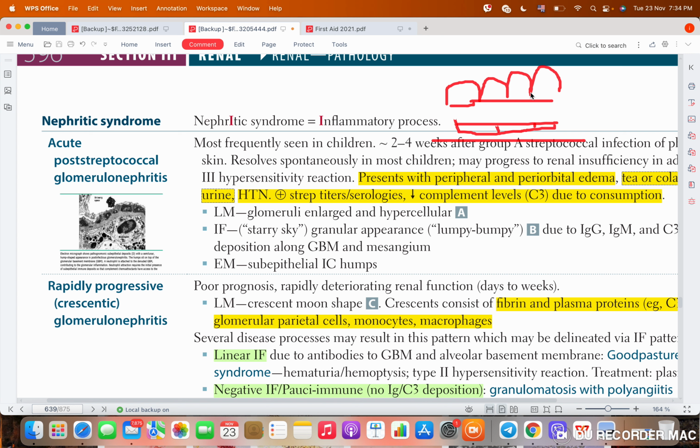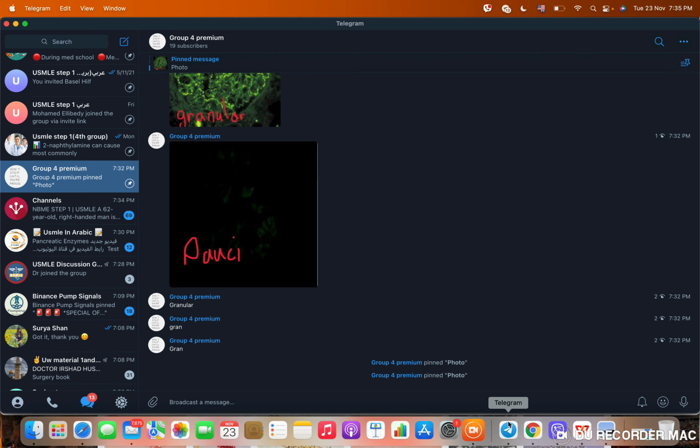So if you take a look at it, there will be deposition. We can say either they are subendothelial when they are under the endothelium, or subepithelial when they are under the podocyte. So remember when I told you that the podocytes are considered epithelial cells? Now comes the importance of that. When we say the accumulation of subepithelial in the kidney, it means they are under the podocyte.